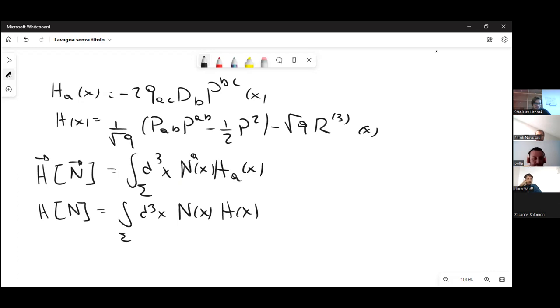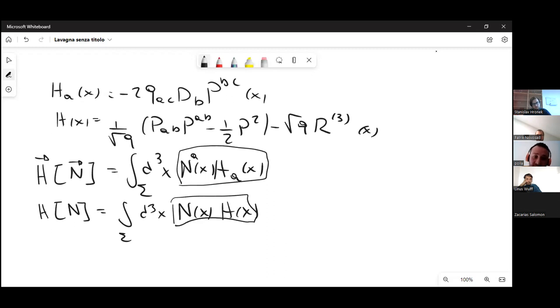You remember that in the total Hamiltonian we had this term and also this term in the sums with the integral.